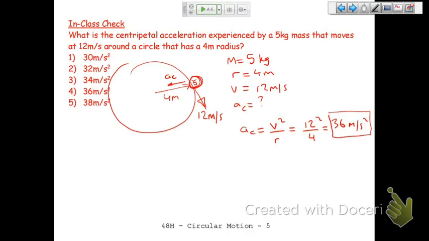The centripetal force is the amount of tension force I need to cause this thing to go in a circle. So the tension in the string causes the acceleration, which causes the circular motion. How much tension in the string do you need? It's the mass times the acceleration.